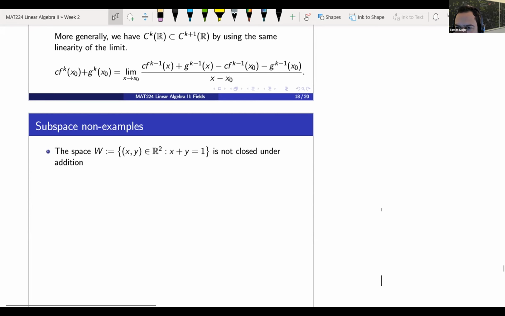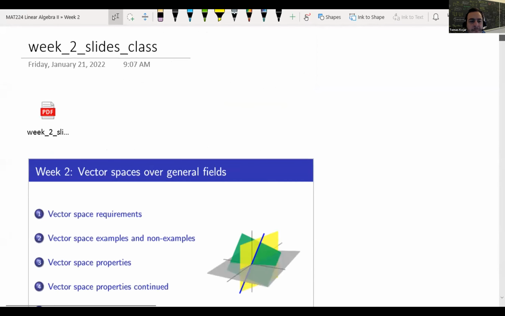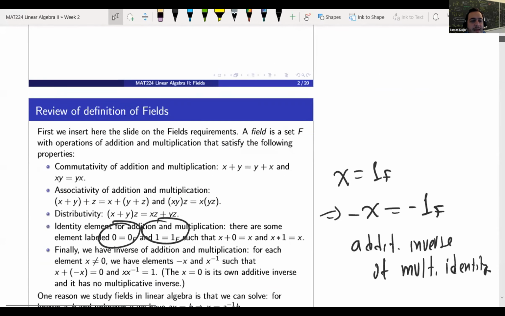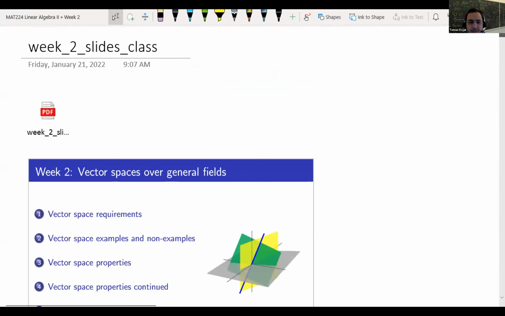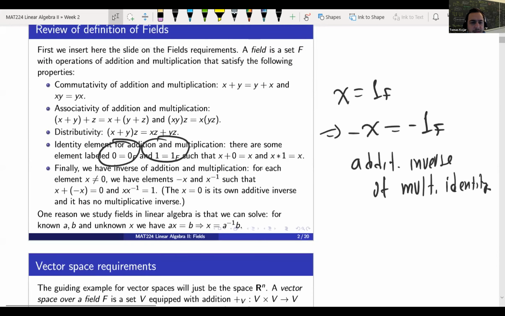Hello, professor. I didn't understand what is axiom 9 of a field. Axiom 9? What's axiom 9? I have all the axioms here. Which one was it? Let me find this axiom 9.